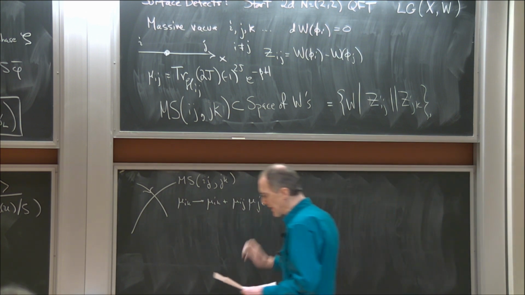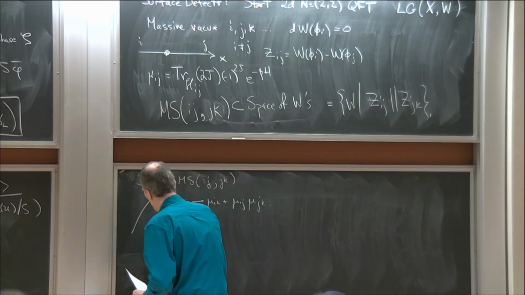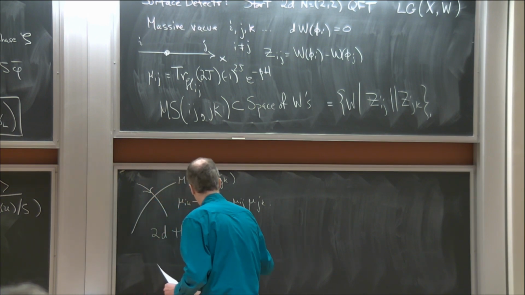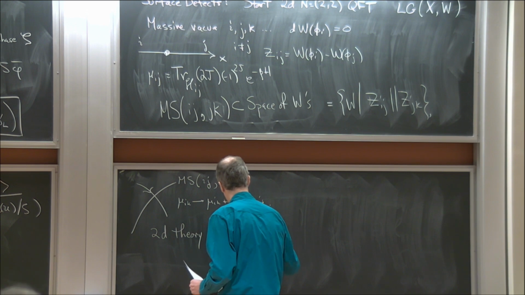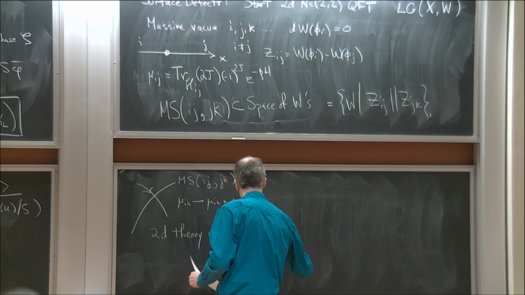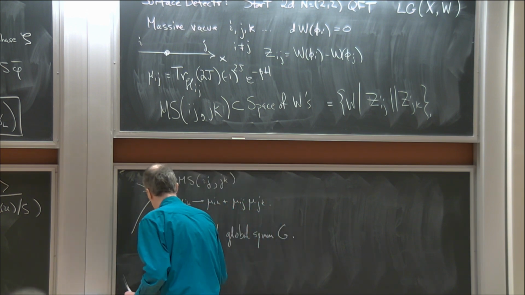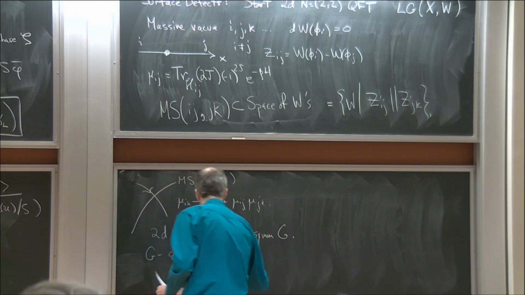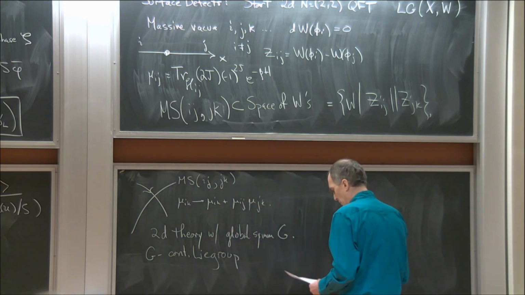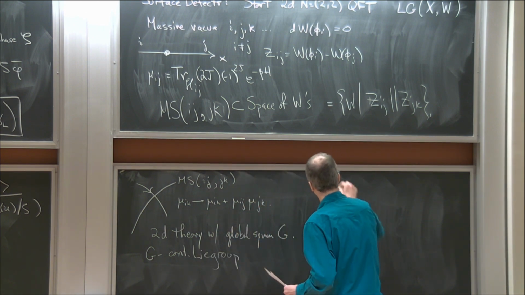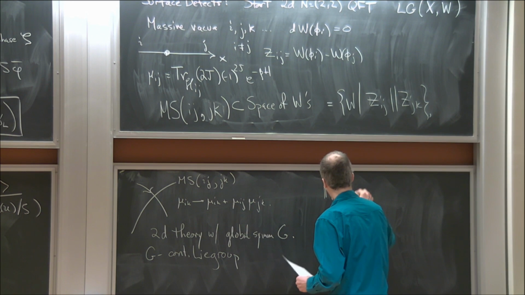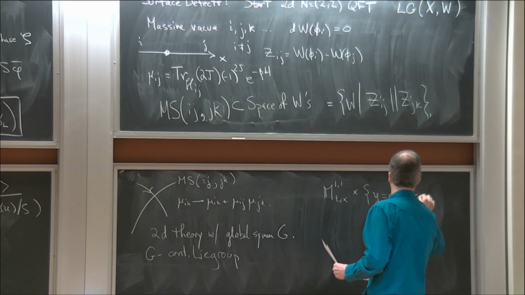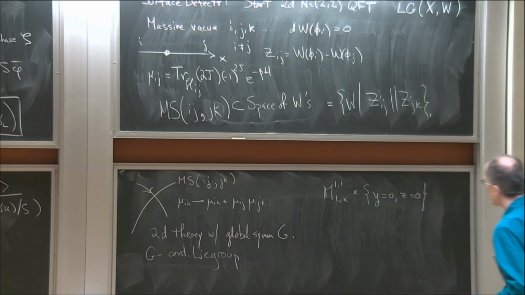Well, now suppose that we have this 2D theory now with a global symmetry G. And for simplicity, let's say G is a continuous Lie group. And then we can embed this 1 plus 1 dimensions into 4 dimensions, say along the plane where y and z are 0.